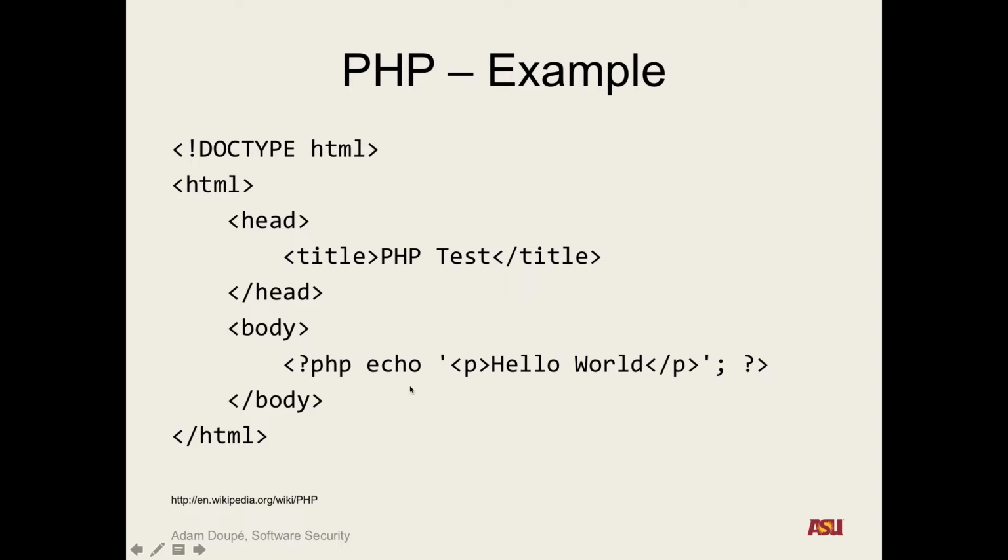Everything within the bracket question mark PHP and the question mark end bracket, that's going to be interpreted as PHP code. So when this executes, this is going to execute this PHP code. Echo means it's going to return that to the browser, and it's going to output start p tag, hello world, end p tag. Questions? PHP code syntax?